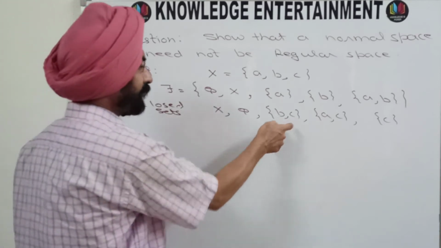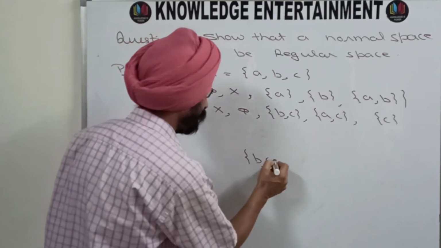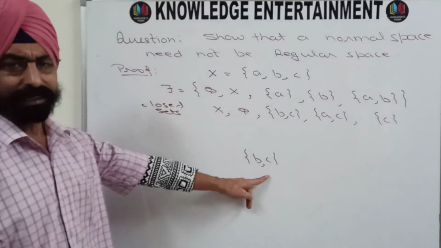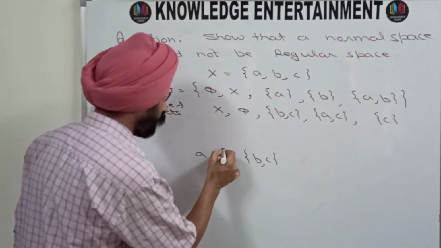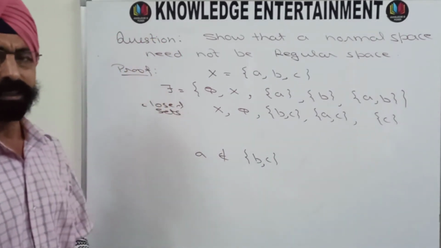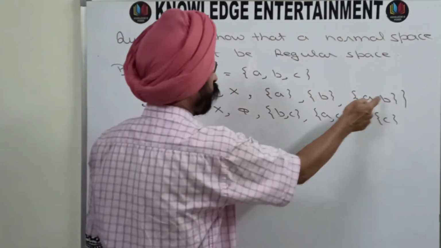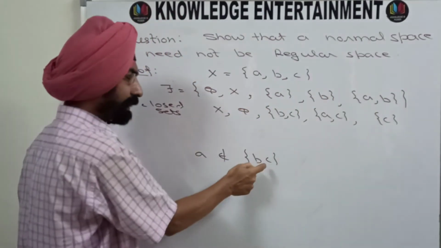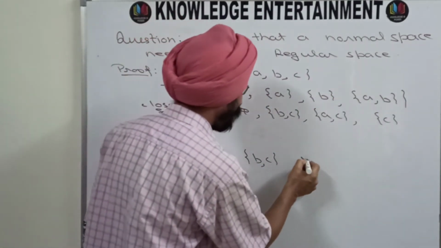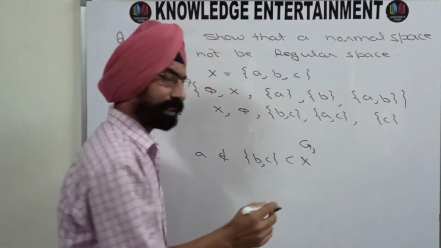So you can take BC now. If you take BC as your closed set and A not belonging to BC, there is only one open set that contains this. So X contains this. So this is your G2 if it exists.